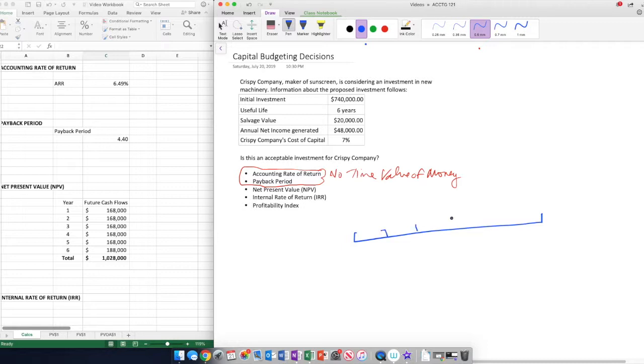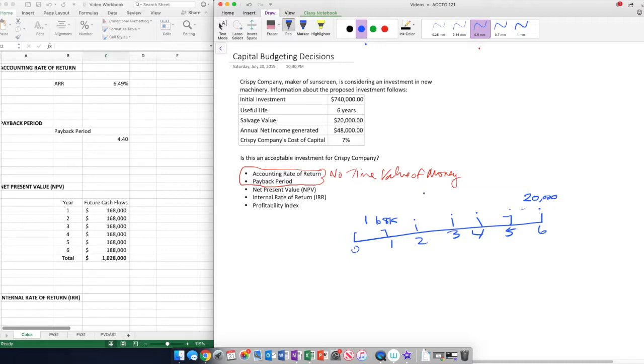So 1, 2, 3, 4, 5, and 6. We said we were going to get 168,000 each year for those 5 years. And then at the end, we're going to get $20,000 from the salvage.